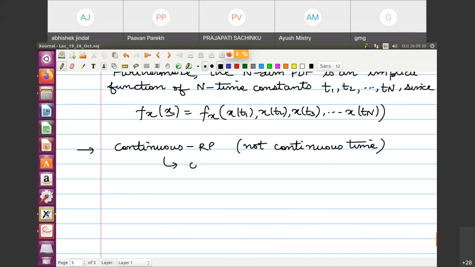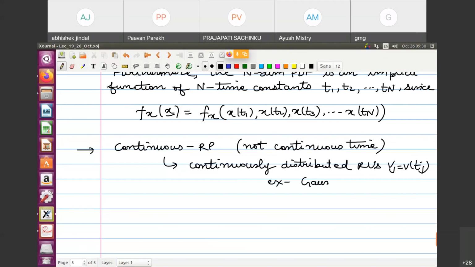You have continuously distributed random variables, basically those that have PDFs, where V of j equals V of t of j. An example is the Gaussian random process. This means that the sample random variables have a continuous distribution, and if they have a continuous distribution, they will be characterized by PDFs.